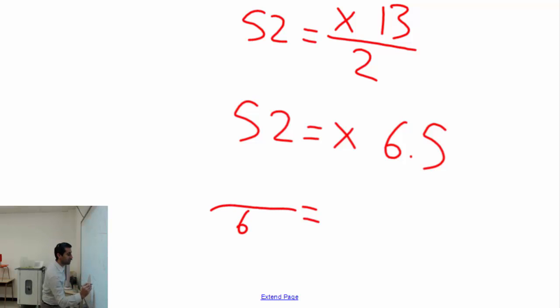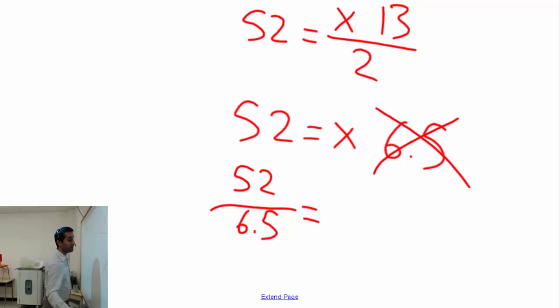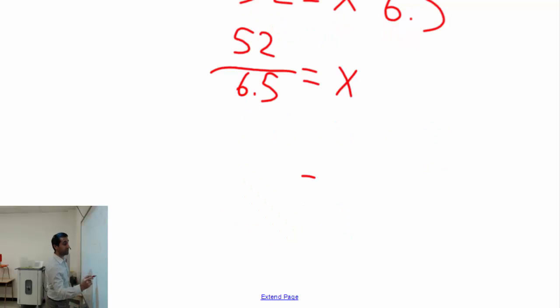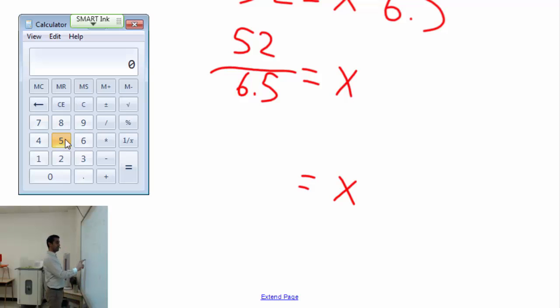Underneath goes 6.5, on top goes 52. Now this has gone to the other side of the equation. Now we can write down the X alone. So I am about to find out what the X is after I do the division there. Calculator, tell me what is 52 divided by 6.5. Voila, 8.